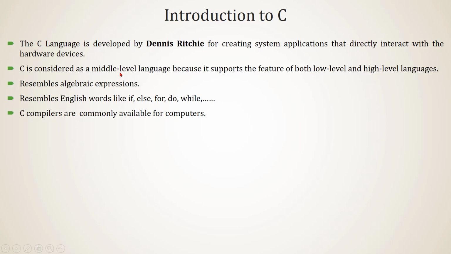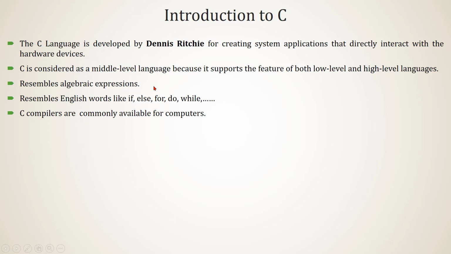C is considered a middle-level language because it supports the features of both low-level and high-level languages. We already discussed this term middle-level language. So C language is in between low-level language and high-level language, and it resembles algebraic expressions, and resembles English words like if, else, for, do, while, etc. C compilers are commonly available for computers.